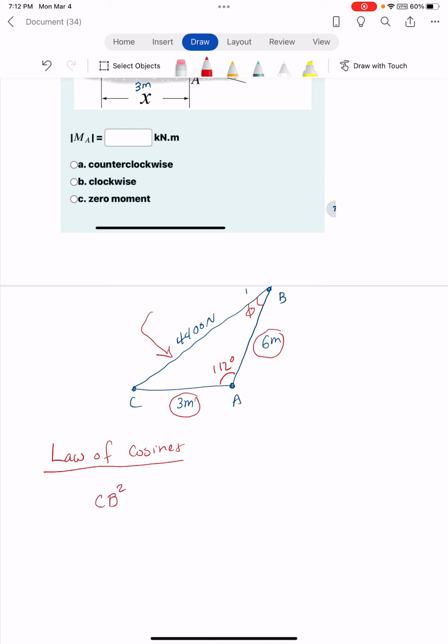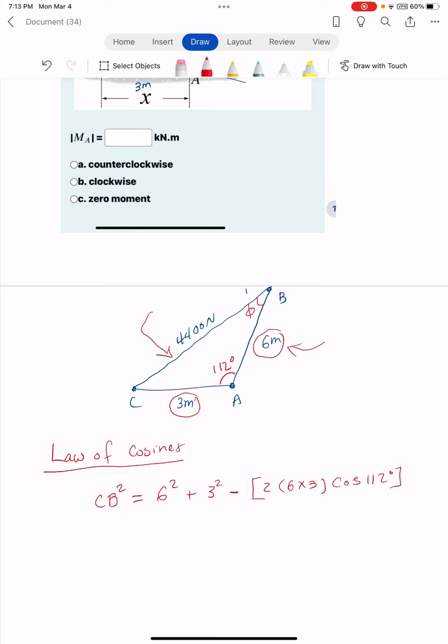Okay, so CB, this is needed, is equal to the distance here squared plus the distance from C to A squared minus, remember from the definition of the law of cosines, 2 times 6 times 3, and then cosine 112.